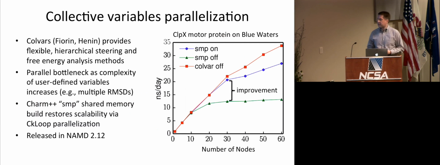And then from the Charm++ side, we have a feature called collective variables, which is a massive library of different steering methods, but it was basically serial, and it was a serial bottleneck.